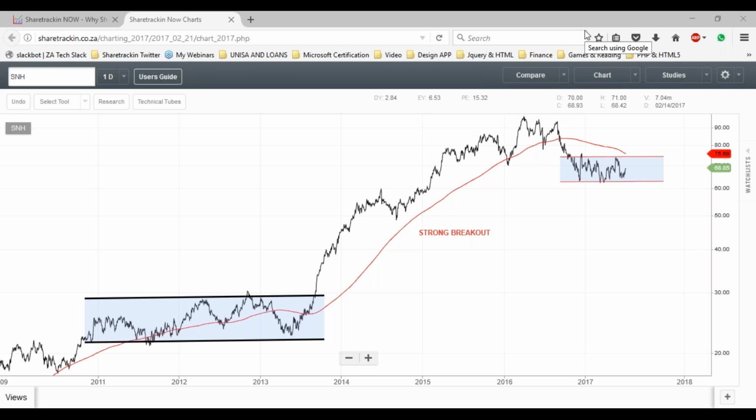Now, when we talk about technical analysis, I first want to look at the definition of technical analysis. This definition you can go and find in our glossary on our website. I want to encourage you to make use of the share tracking glossary. That's basically like a glorified dictionary where you can find all stock market terminology.